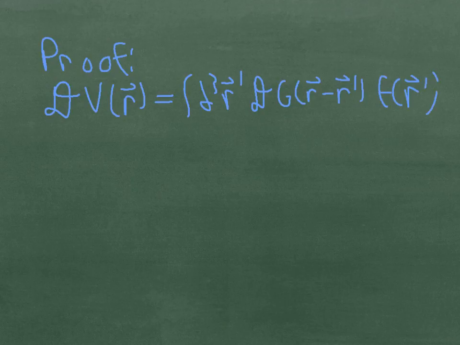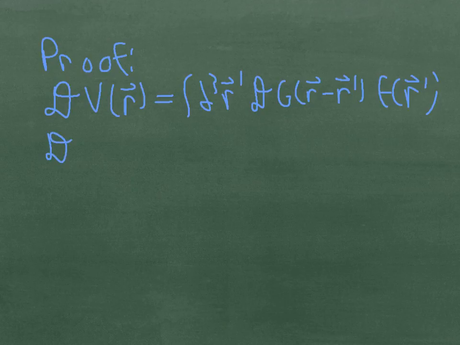Kind of important here is the fact that our derivative operator D only acts on r and not r prime. You notice there are no r primes on the left-hand side. So the only thing on the right-hand side that the derivative operator acts on is our Green's function G. It doesn't affect f of r prime, and it doesn't affect the integral at all.